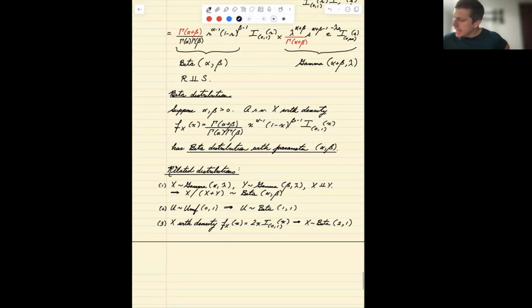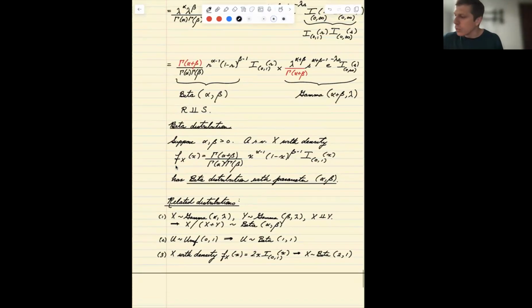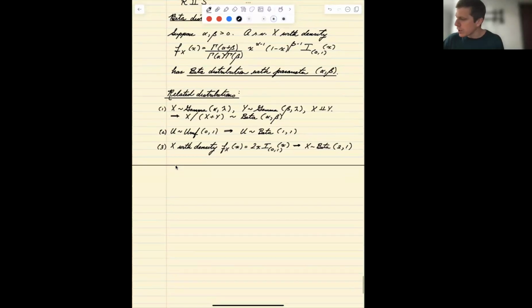Because the key part involving x is x to the power 1, which is x to the alpha minus 1, which requires alpha to be 2, and then we have to get rid of the 1 minus x by putting in a 1. Okay.